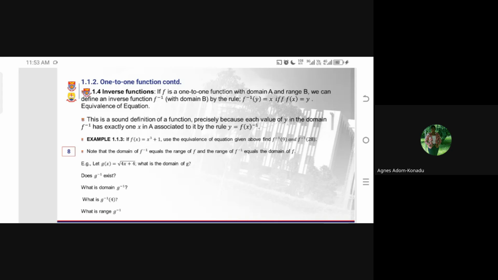If f of x is equal to y, you find the inverse of both sides and you get x is equal to f inverse of y. So that is what we want to do. After getting your inverse, wherever you see the value, you put 9 there. Let's try and solve it together.